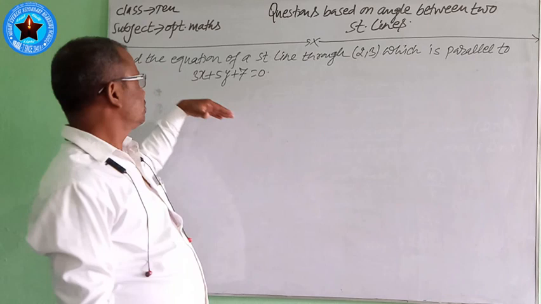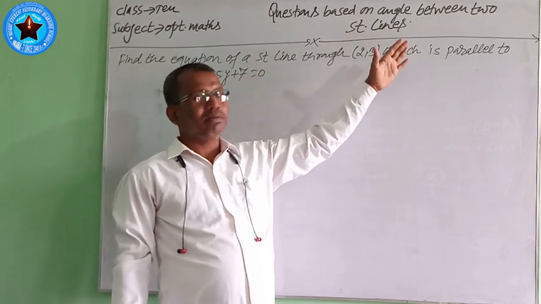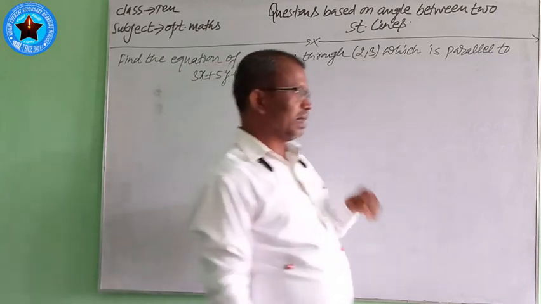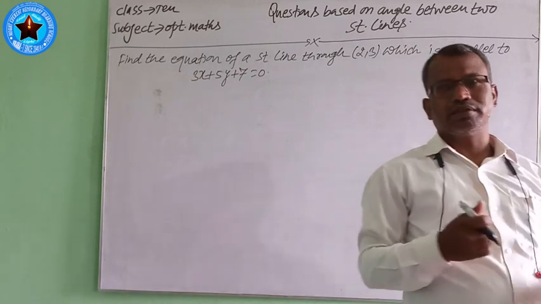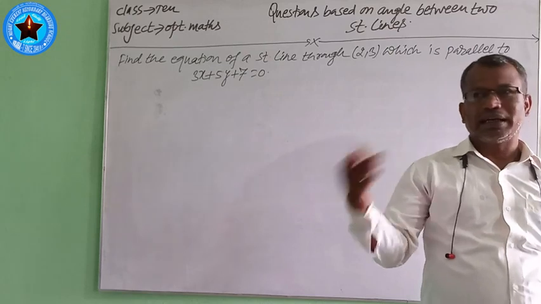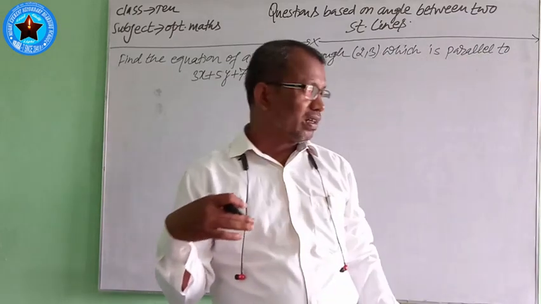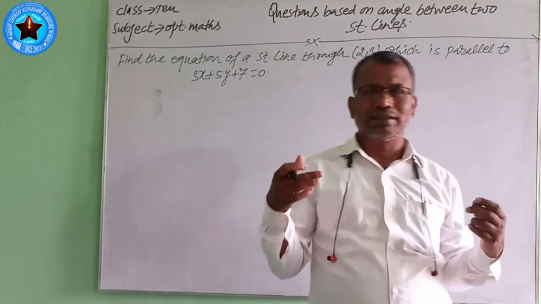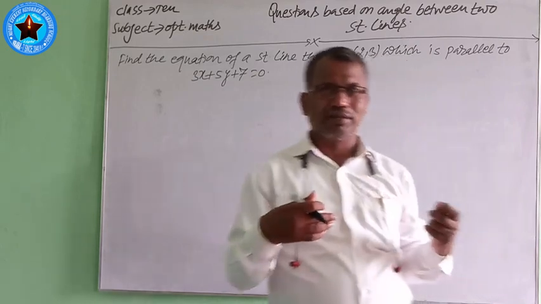Today we are going to discuss some questions based on angle between two straight lines. In the previous videos we discussed angle between two lines, how to find angle between two straight lines, and also how to say, without finding the angle, whether given straight lines are parallel or perpendicular to each other.